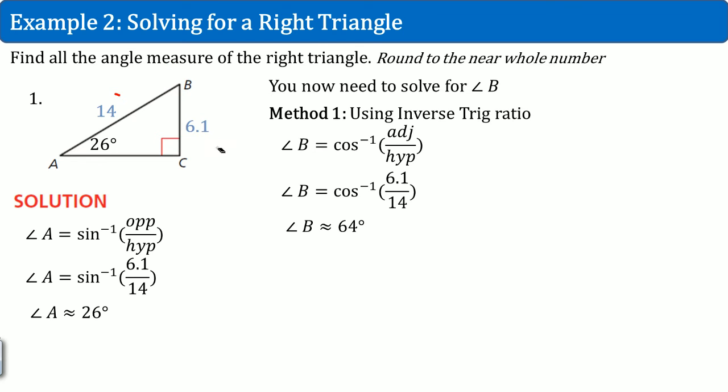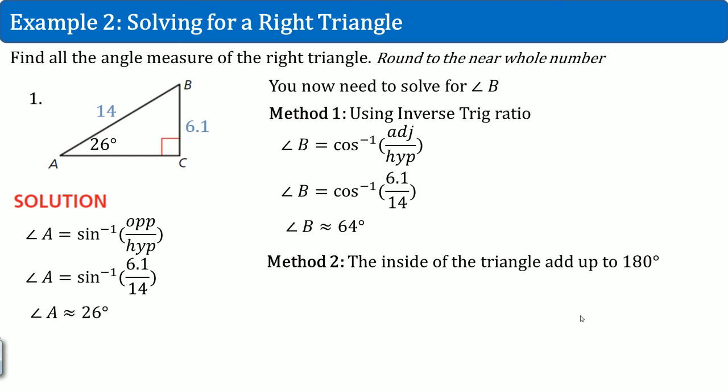Or you can use method 2. Notice that the inside of any triangle adds up to 180 degrees. You have 26. The red box here means 90. So 26 plus 90 plus angle B is going to be equal to 180 degrees. 90 plus 26 is 116.